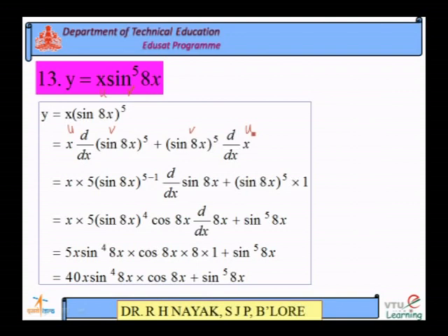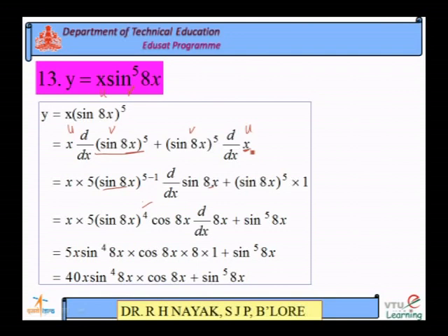This differentiation is of the form function to the power of n. Function to the power of n differentiation is n into function to the power of n minus 1 into d by dx of function. Differentiation of sine of function, plus keep sine 8x to the power of 5 as it is, differentiation of x is 1.